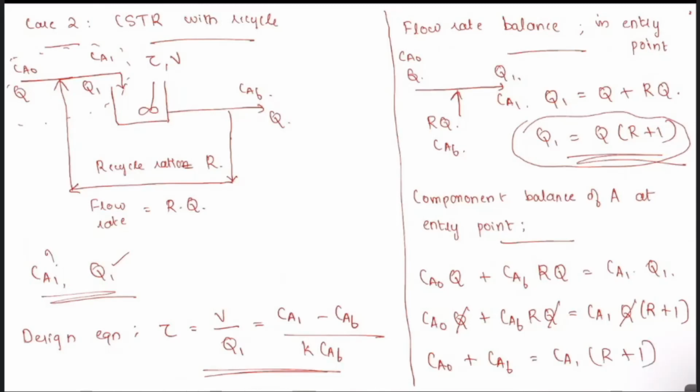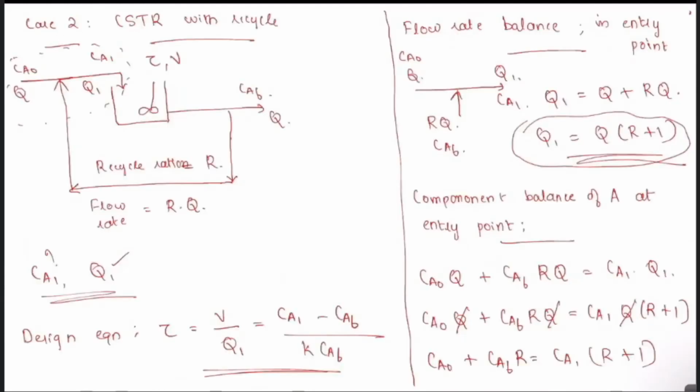Now from this we can write CA1 as CA0, sorry, there is an R here. So the equation will become CA0 plus CAF into R is equal to CA1 into R plus 1.